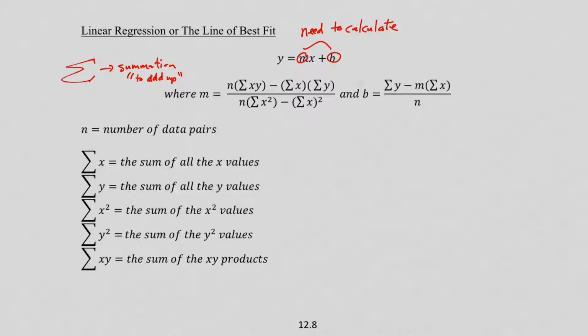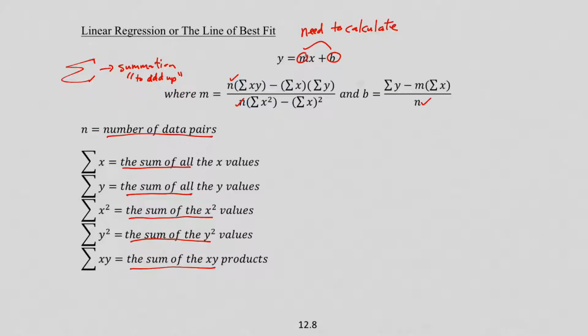So I'm going to call it the sum of all the x values, the sum of all the y values, the sum of the x squared values, the sum of the y squared values, and the sum of the xy products. Okay. And n, as you can see here and here and here, that's going to be the number of data pairs. Okay.